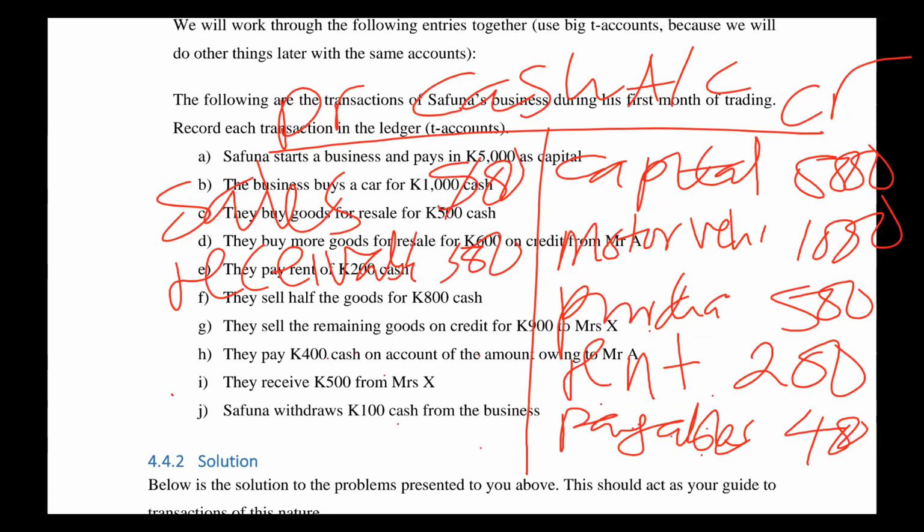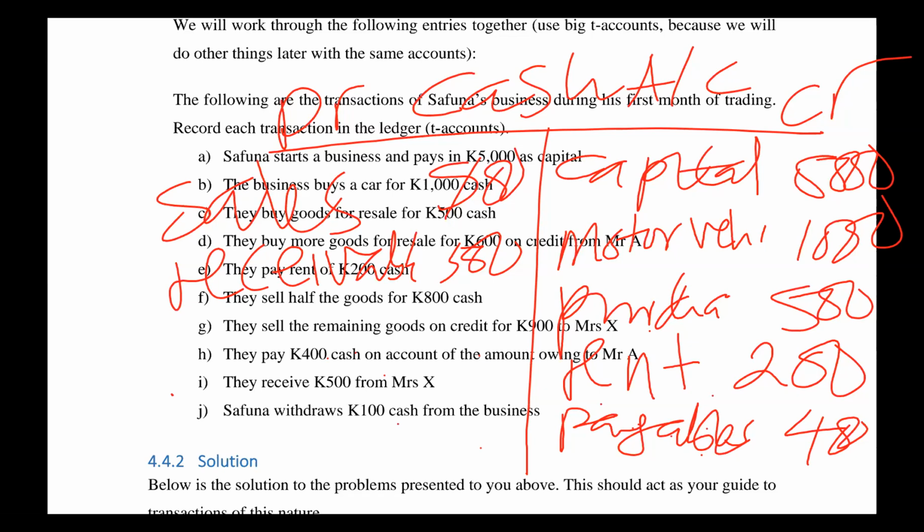Sir, before we go there, when you say receivable, we can't use Mr. X as an account, or Mr. A as an account. We are not using the individuals' accounts, like the people. You remember the different types of accounts: the real accounts, the nominal accounts, and the personal accounts.